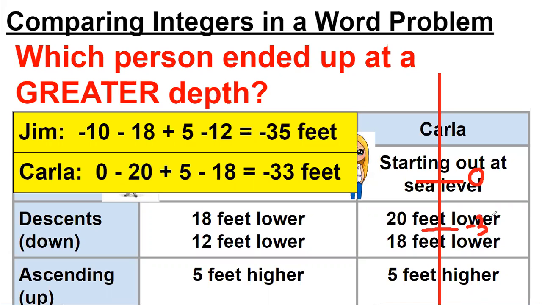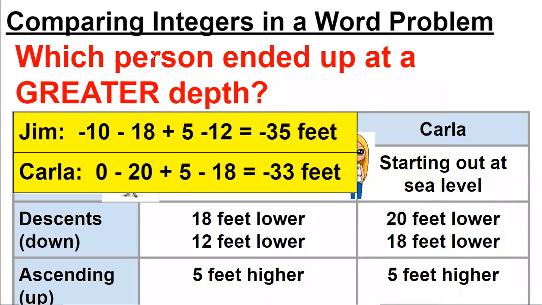Negative 35, is that going to be above negative 33 or below it? Exactly, it's going to be below it. This would be negative 35 because it's farther from 0, right? And he's farther under the sea. So Jim is farther down below the sea level.